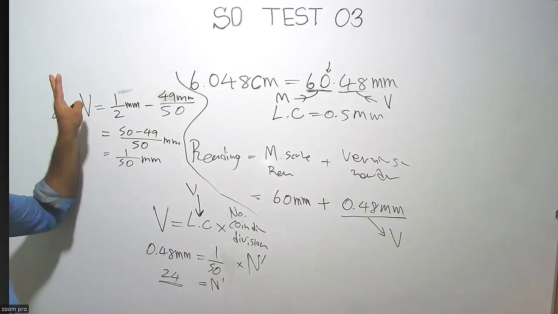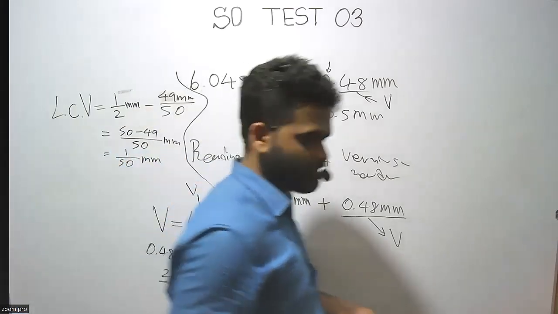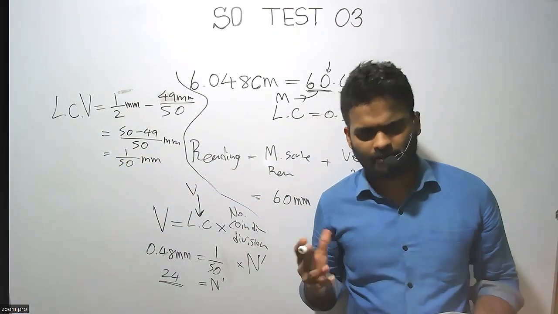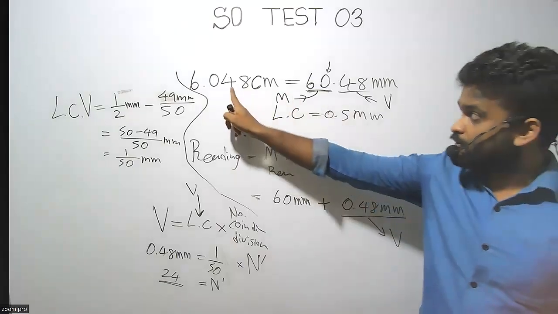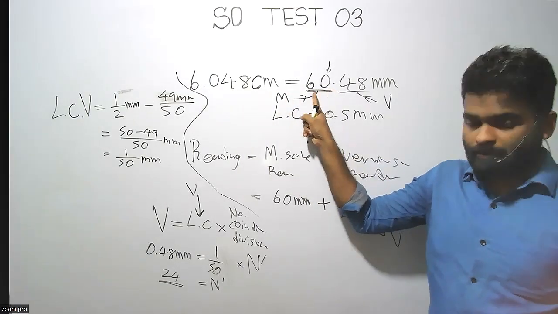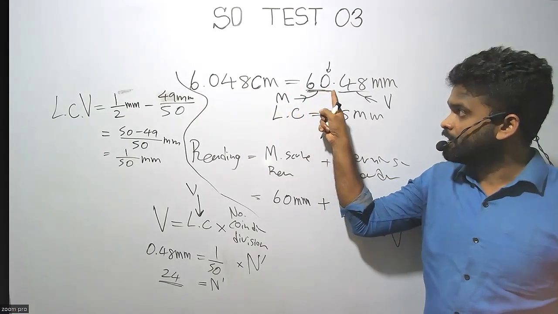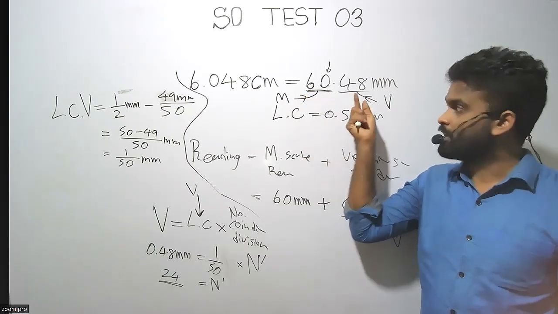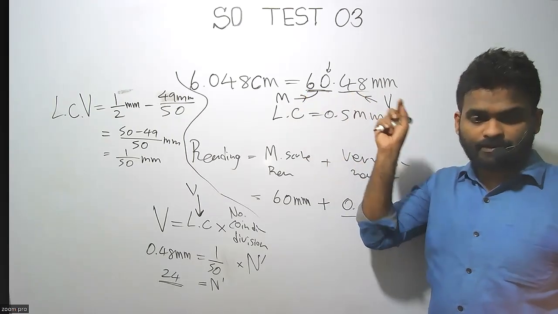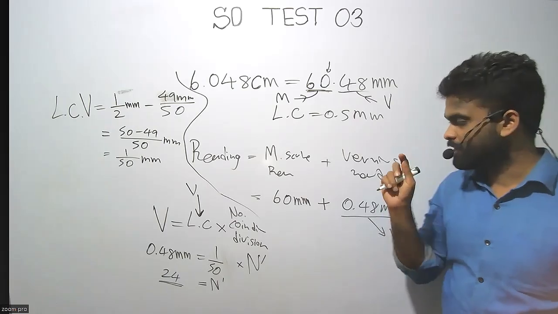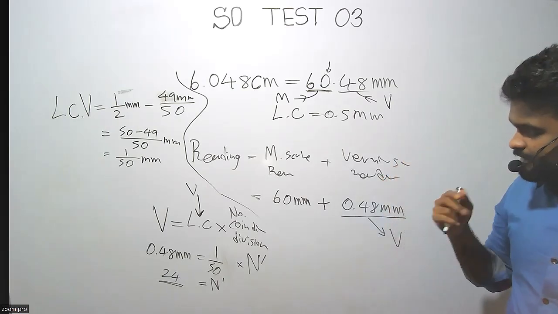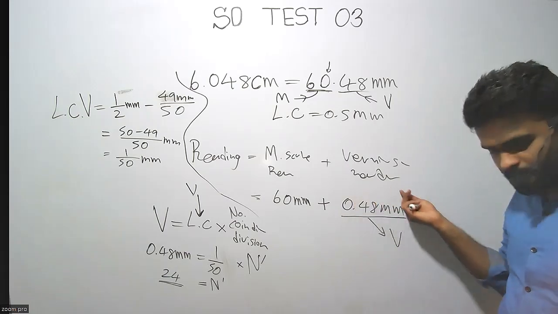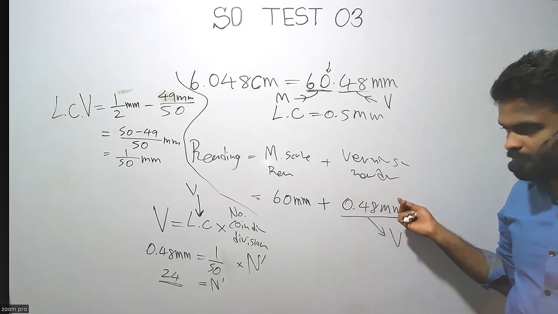Okay, so these are the steps. This could be somewhat complicated, but it is not that bad. First you identified the main scale reading, right? Main scale reading is 60. The remaining part should be measured using a vernier scale. So the vernier reading is 0.48 millimeters.